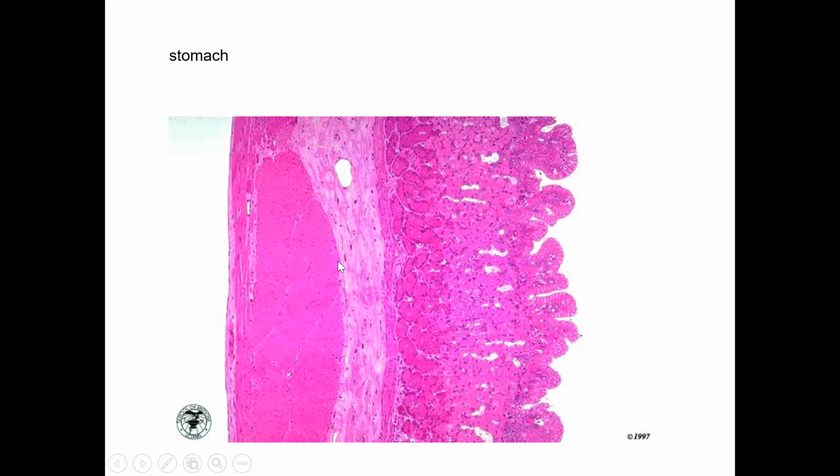And then starting from here will be the muscularis externa, okay? So in the muscularis externa, there are three layers of muscles. This is only part of it, okay? Oblique, circular, and longitudinal.